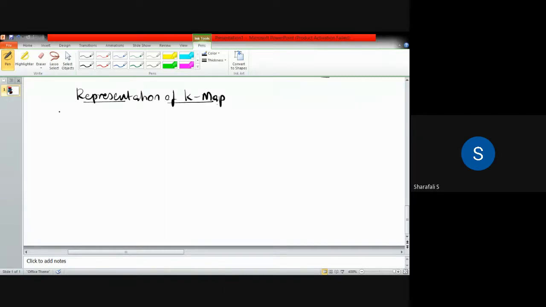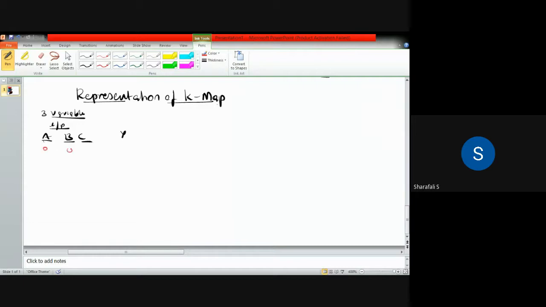Let us consider a truth table. Let's consider a three variable system. So we are having inputs A, B, C, and output Y.